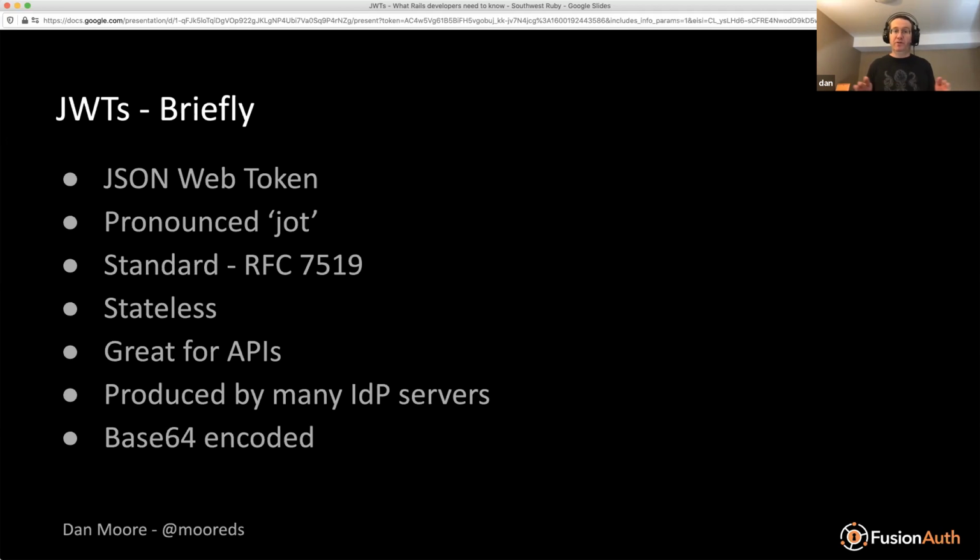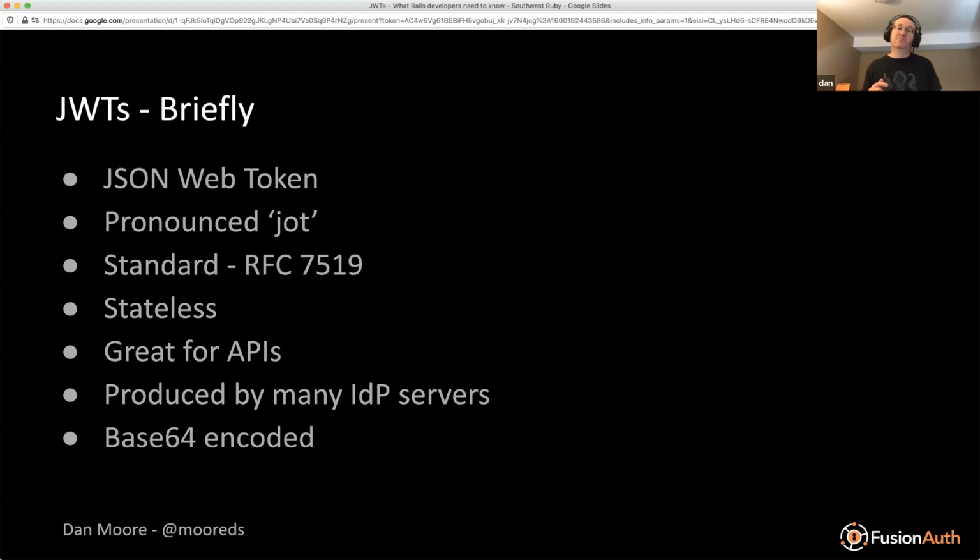Especially if you're building two, three, four, five different services, and you want to have one central authentication point that people or systems authenticate with, and then you generate this JWT, which is again a standard, and you can then have the client present that to different systems. It's produced by a lot of identity provider servers, not just FusionAuth.